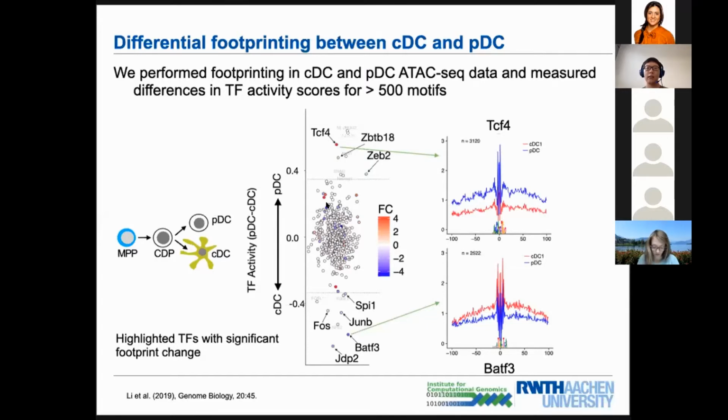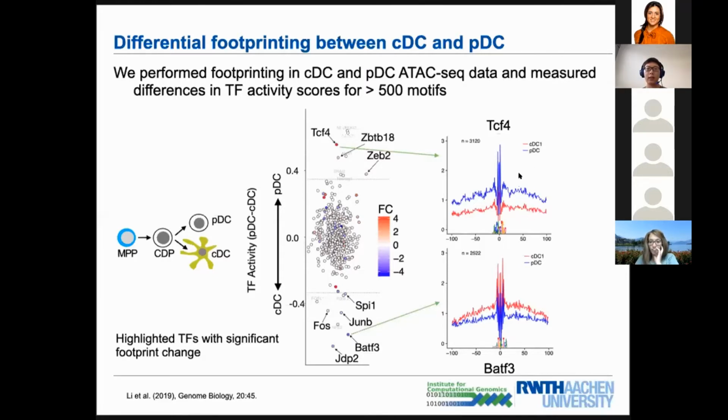A positive value means a higher activity in pDC, and a negative value means higher activity in cDC. Here, we highlight factors with significant footprint change. So based on this analysis, we can identify pDC-specific factors, for example, TCF4, as well as cDC-specific factors like BATF3.